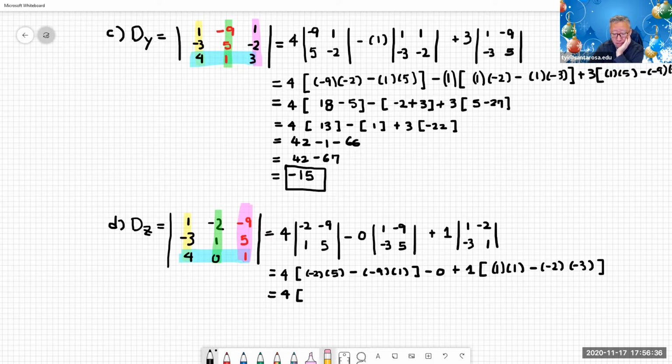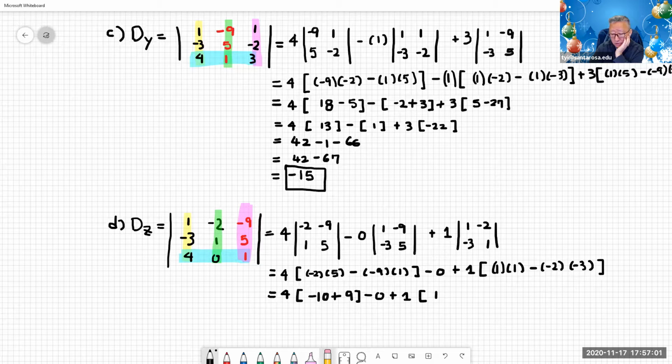So inside you got minus 2 times 5, that's negative 10. Minus 9 times 1, you get minus 9, but we have a minus in front of it, so you get positive 9. That's going to be 0 plus 1 times. So 1 times 1, you get 1.